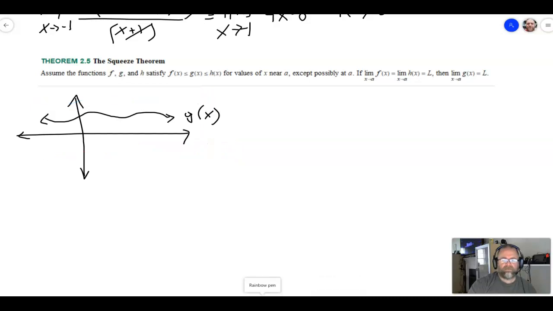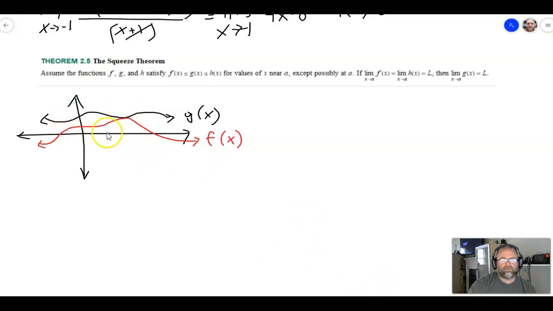This is correct, but let's say this function does satisfy that, and the only point that it touches is right there. So here is my f of x, and my h of x is up here, and it only touches there, but it doesn't cross over.